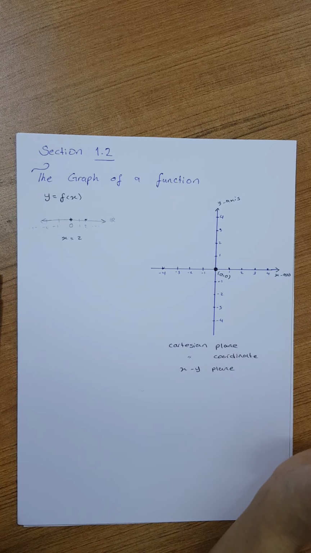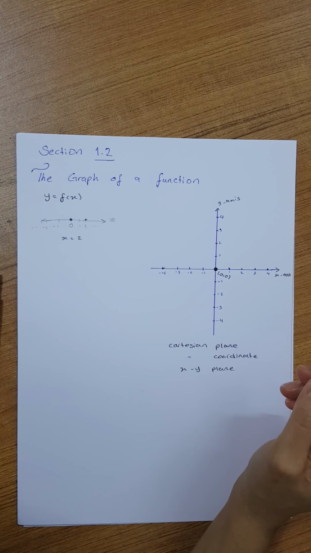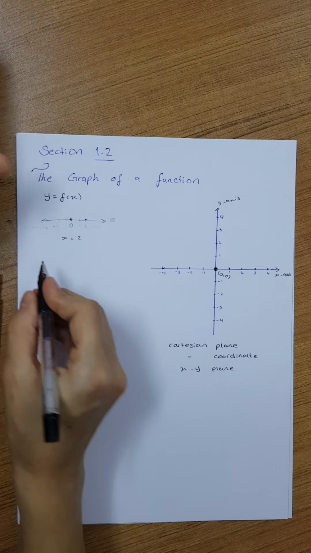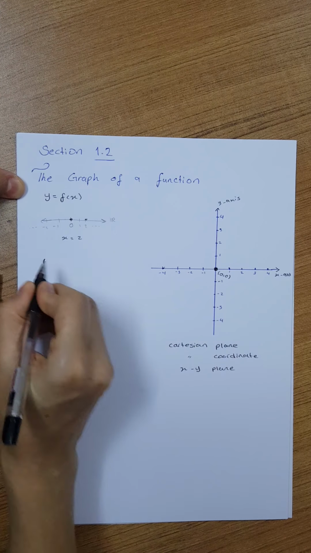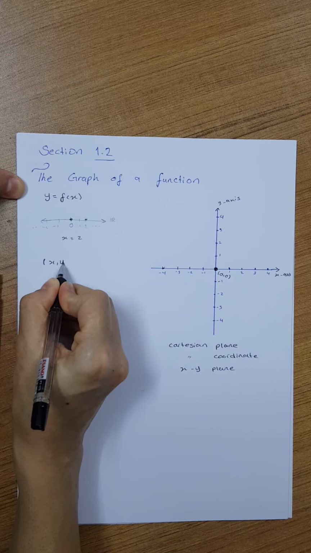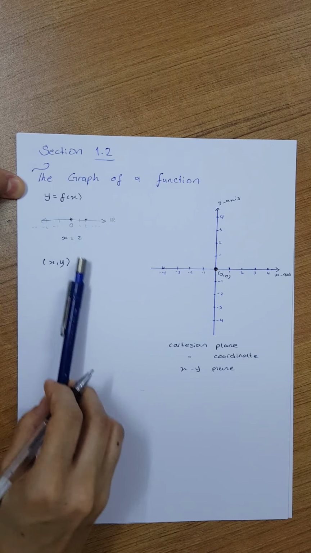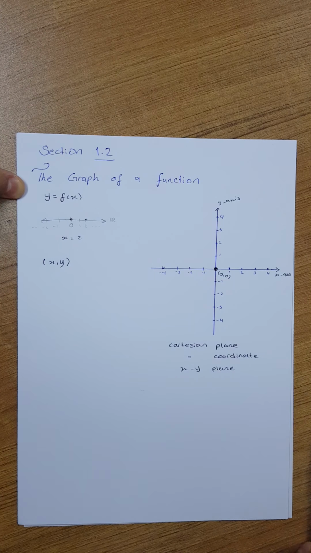When we define a point, it is written in ordered pair form. What is an ordered pair? Here we had x is equal to 2, but on the Cartesian plane, each point is represented as an ordered pair.